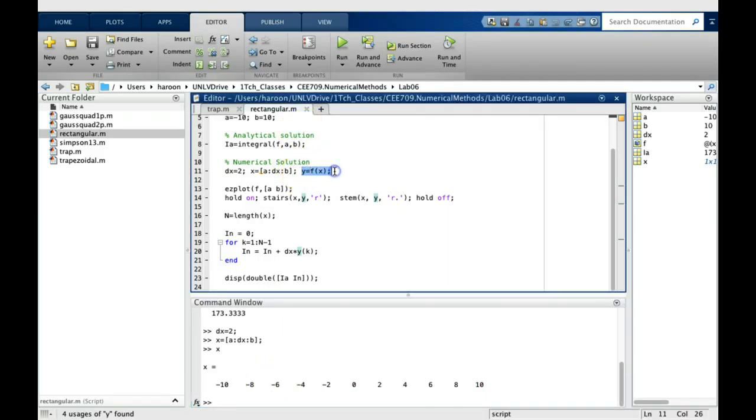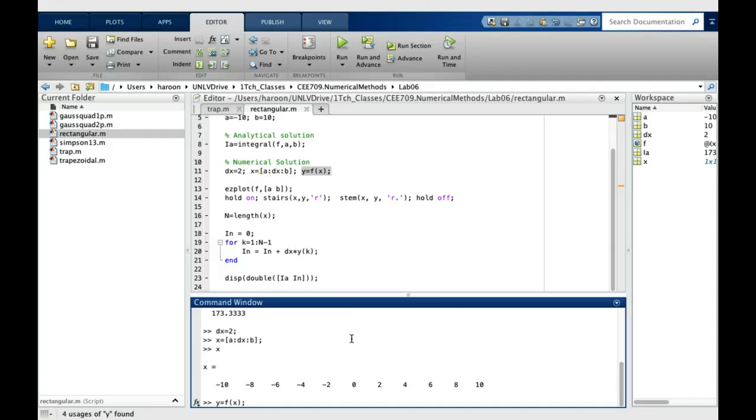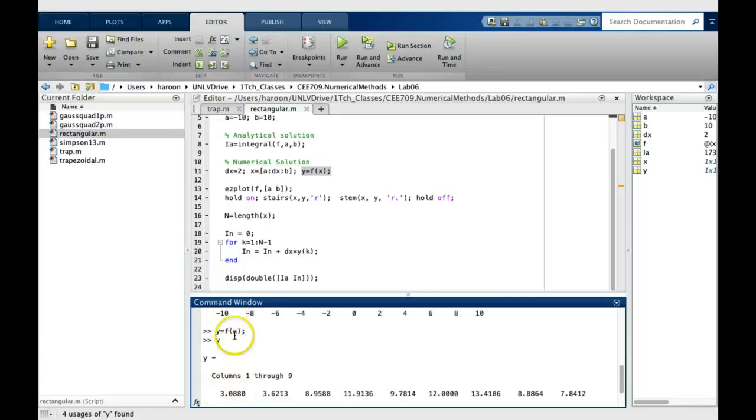And now we can find the value of the function at these points. This will give us the corresponding y values at these locations.